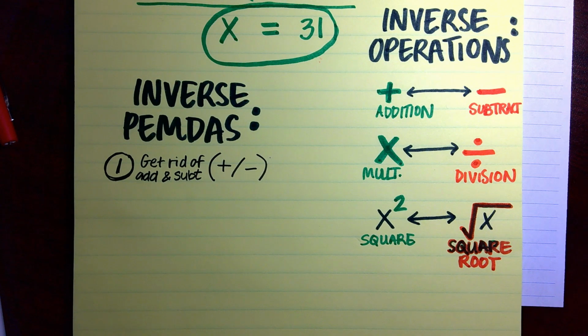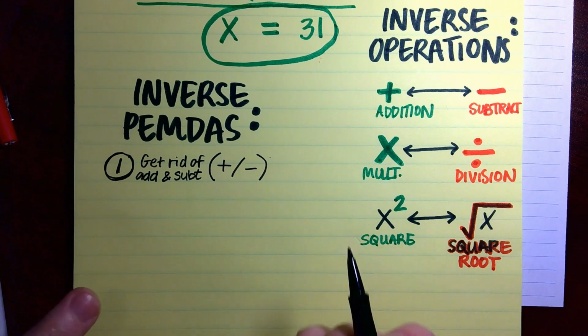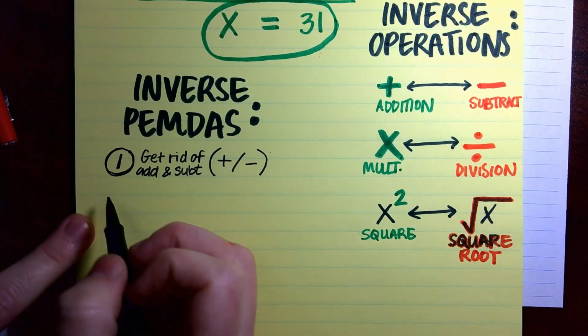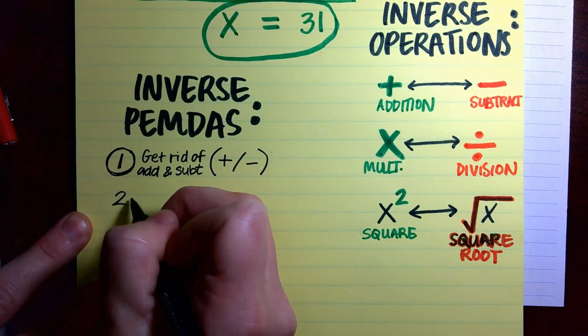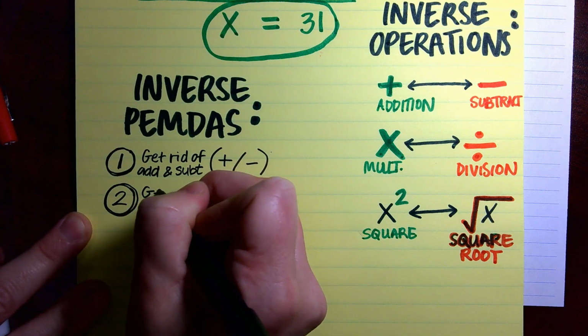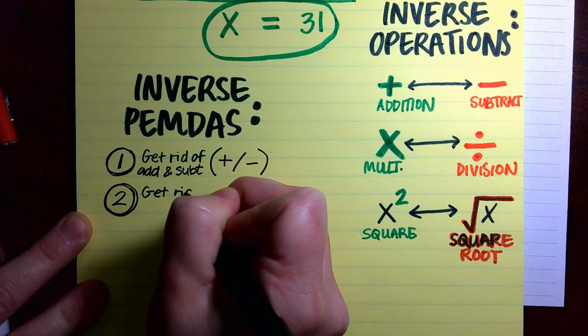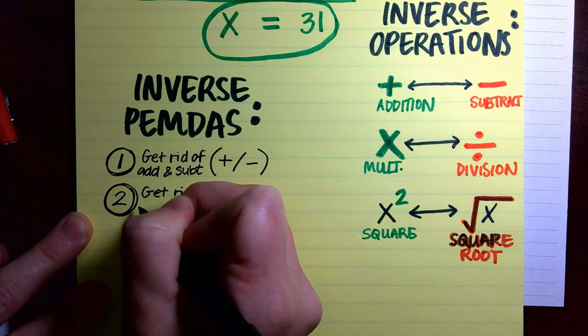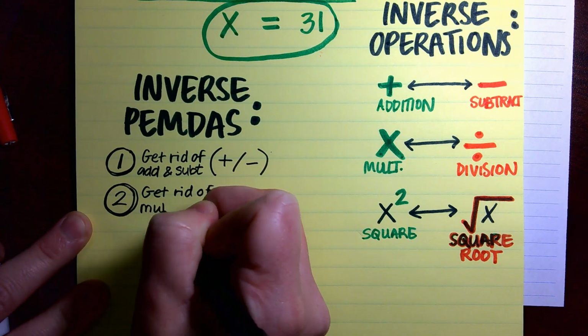And you're going to repeat that till there is no more addition or subtraction on that side of the equation. And the second step is to get rid of multiplication and division.